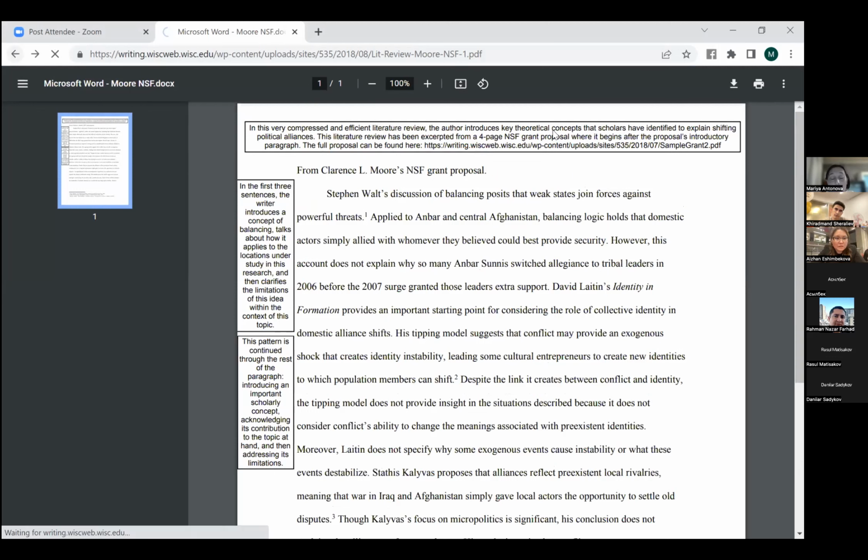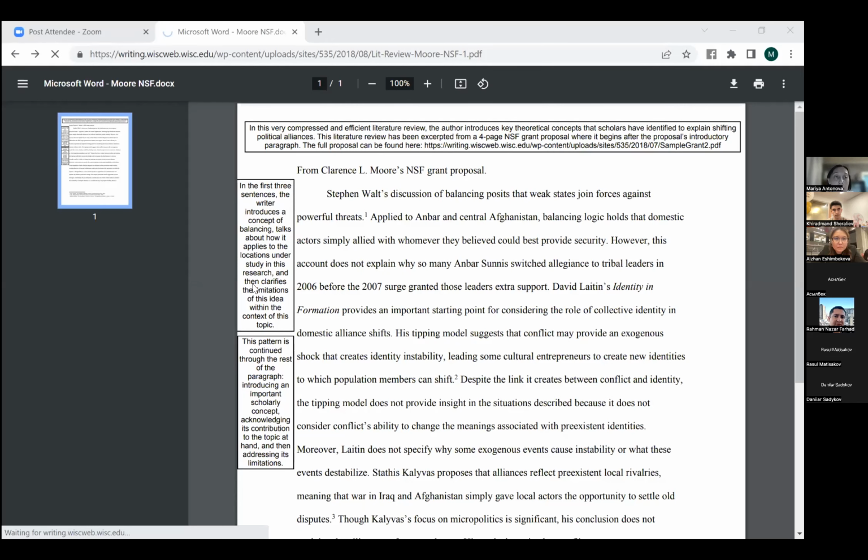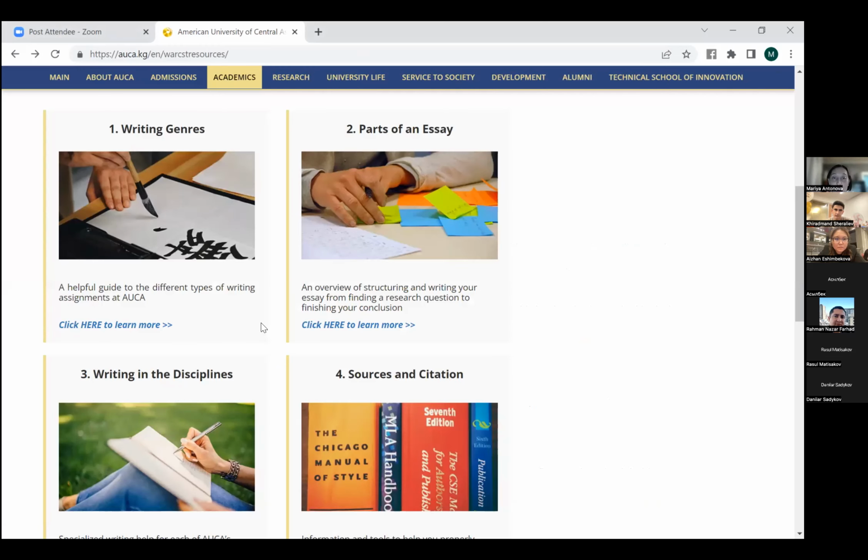Of course, as Hirad has mentioned, you can take a look at examples of theses that we have in our library of our students' theses. But one of the issues is that you don't know which theses you should be using as a model, because the level of performance is different.